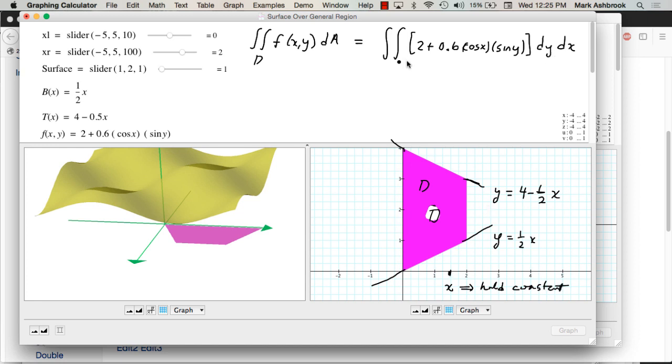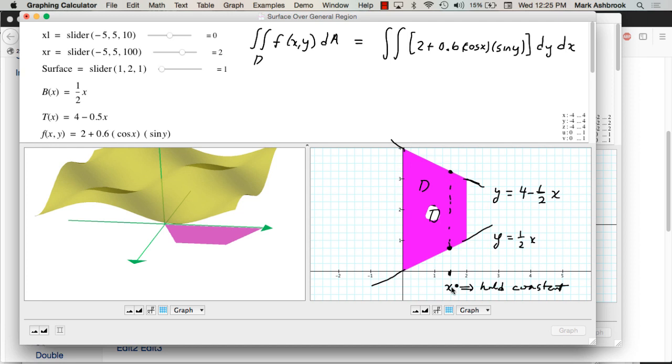And we're going to integrate with respect to y from there, accumulating little bits as y changes, up to there.